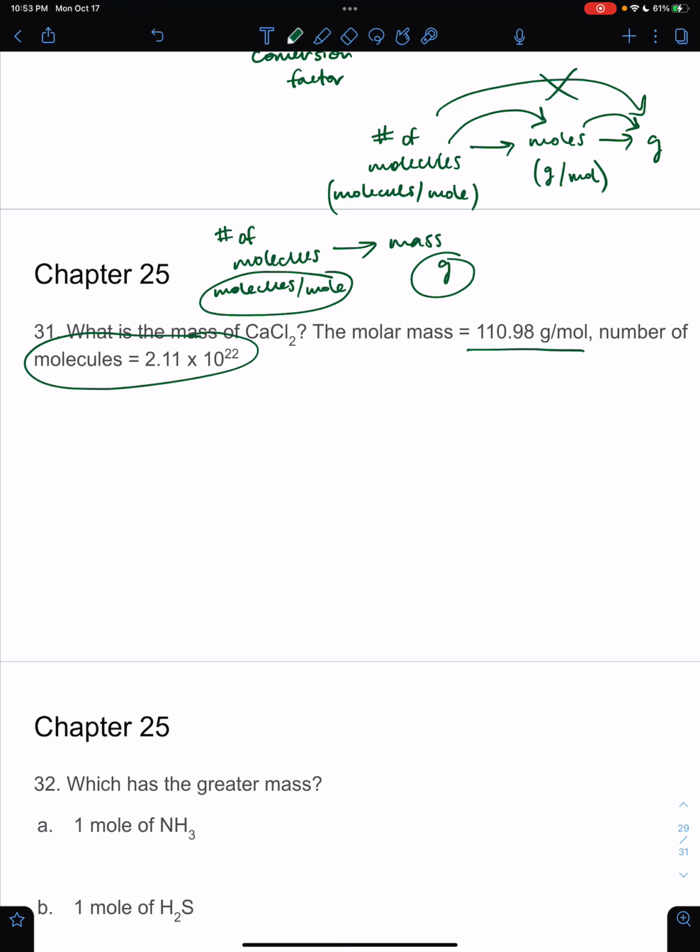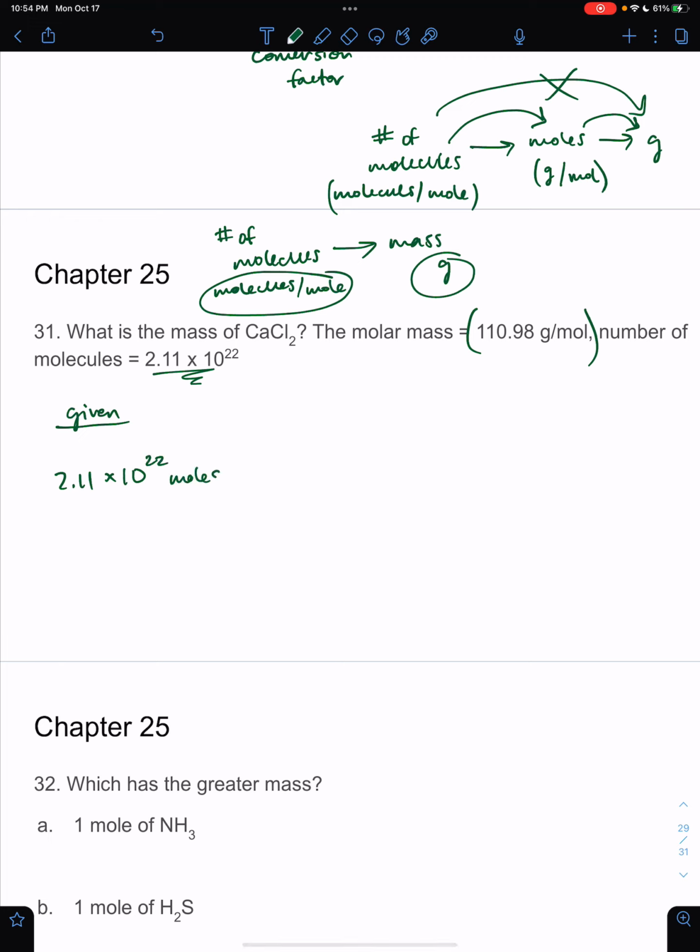This is just a conversion factor that we're going to use in the middle of the calculation. This is an actual value that's being given. So we're starting with this given value of 2.11 times 10 to the 22 molecules.